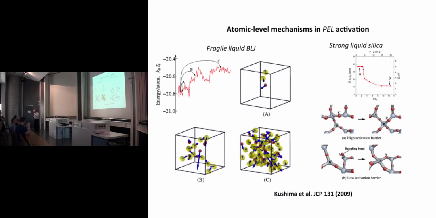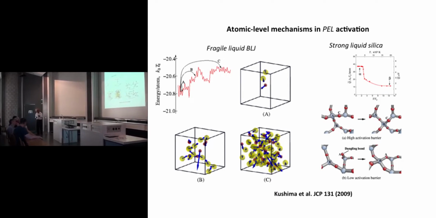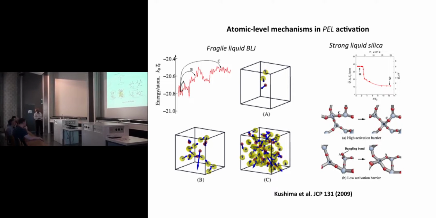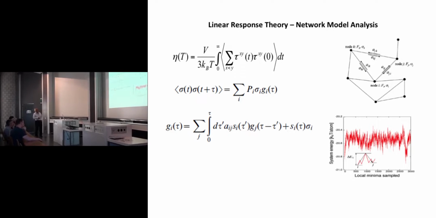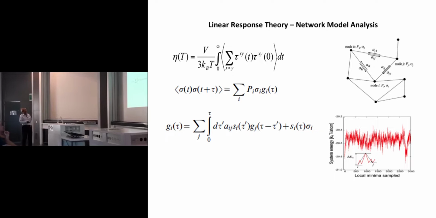These are things people had known about network glasses versus molecular glasses, and these things are also coming out of this simulation. I think I'm on borrowed time already, so I'm going to end in 5 minutes.